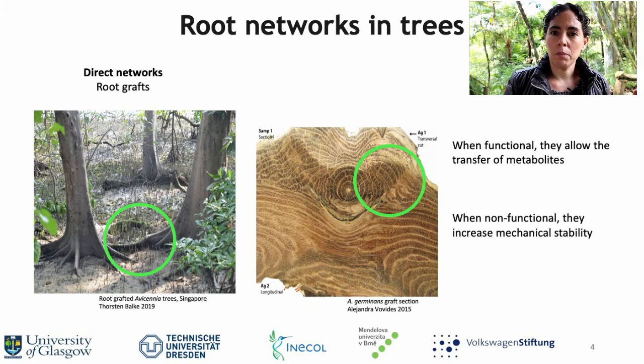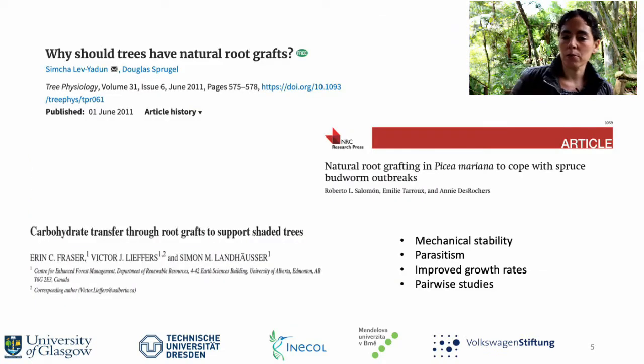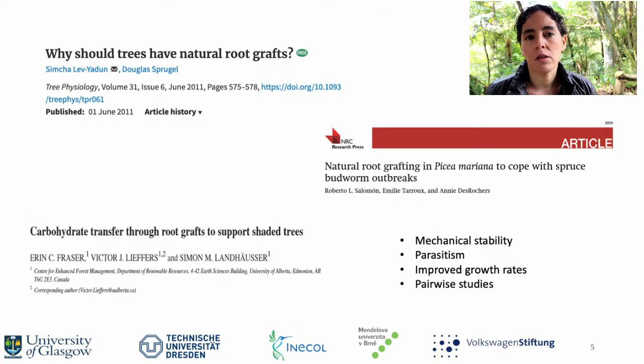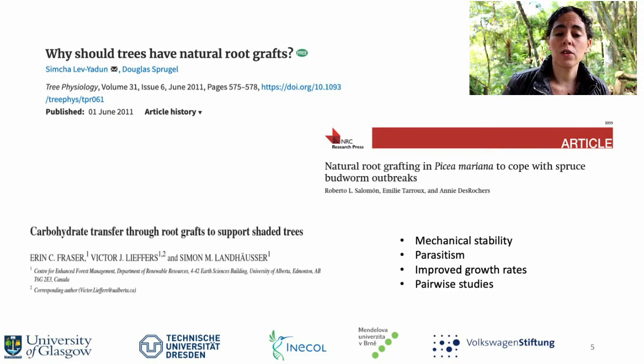The only benefit that was never denied, or always accepted, so to speak, was an increased mechanical stability for grafted trees. But increasing evidence from recent research suggests that root grafts can even be an adaptive strategy that increases tree fitness. For example, dominant trees can transfer carbohydrates to more shaded, suppressed trees.